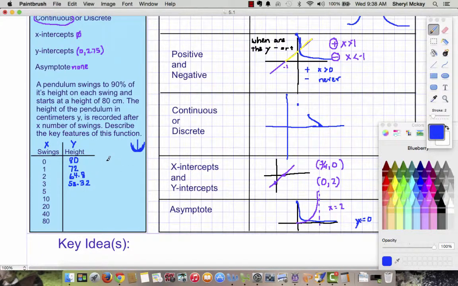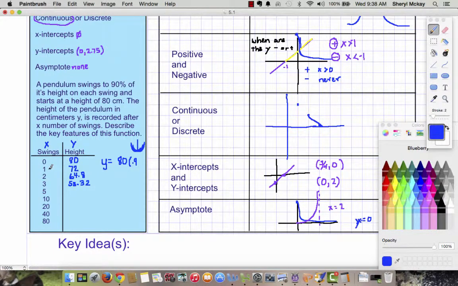So the height is y, and it's equal to whatever our starting point is, which is 80, right? And what have we been doing? We've been multiplying it by 90%, or by 0.9, each time. So how many times do we multiply by 0.9?